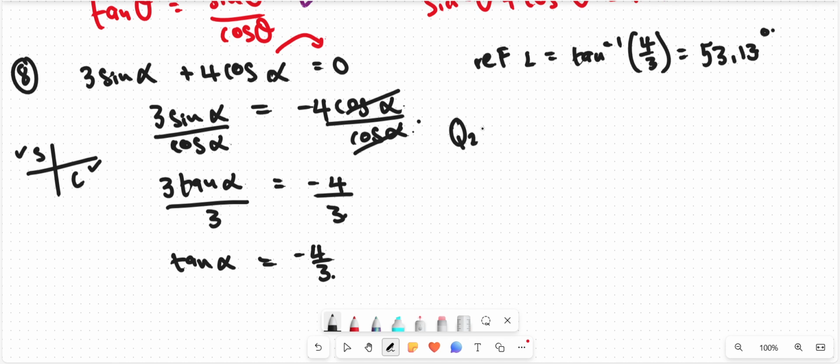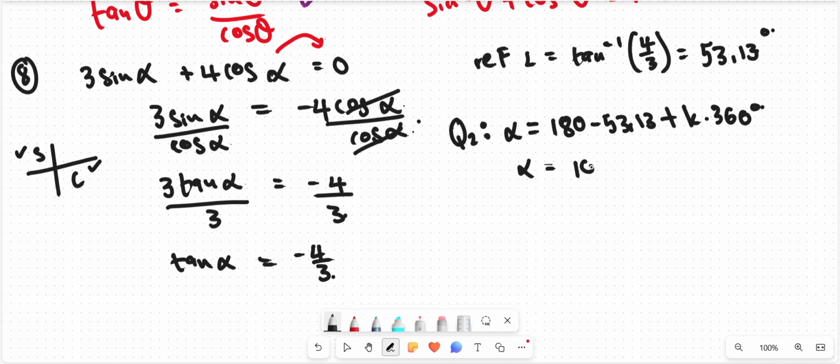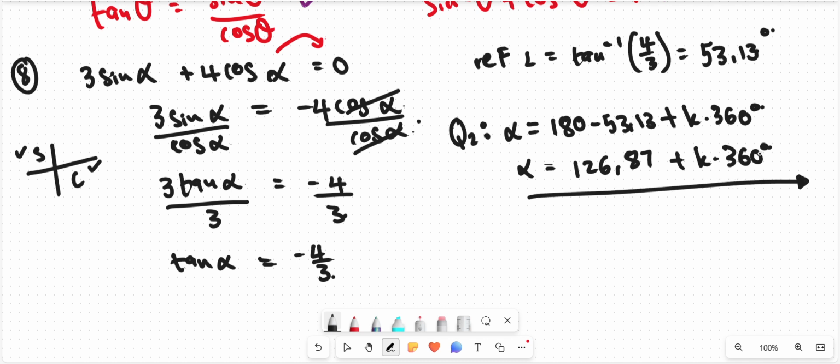So in quad 2, alpha is equal to 180 minus my reference angle plus K 360, and so alpha is equal to 126.87 plus K 360. That's the one in quadrant number 2.